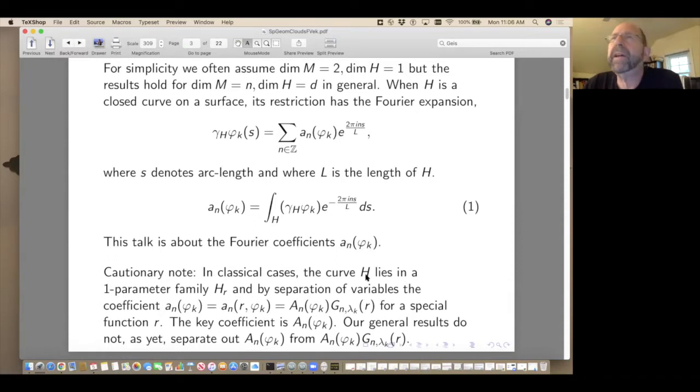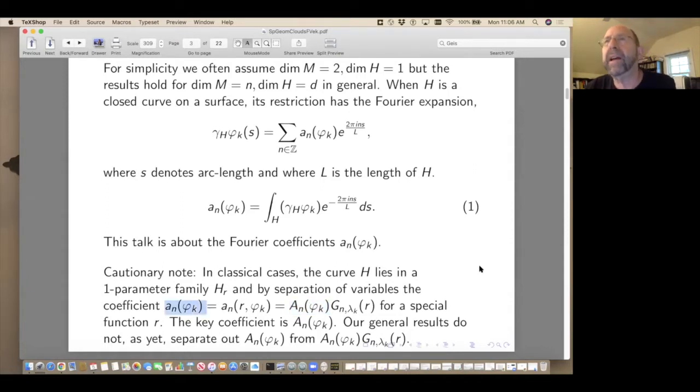Then oftentimes one can separate variables, and one can express these Fourier coefficients as other coefficients, which I call relative Fourier coefficients, against certain special functions. This is universally how it's actually done in the theory of automorphic forms. So in automorphic forms, this would be called the Fourier coefficient rather than this.